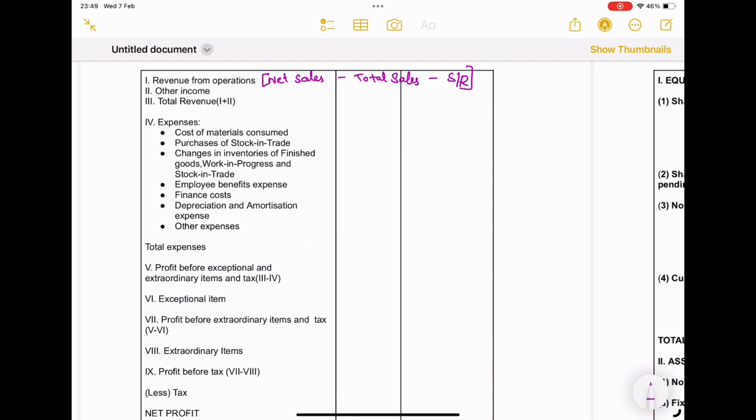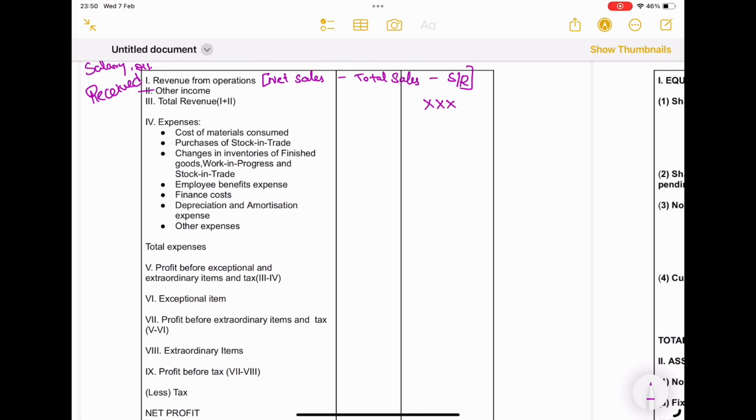Other income is nothing but any income that is being received, for example, interest received, discount received. Like this, any income received except sales, we are going to consider as other income. If you add these two we are going to get total revenue.